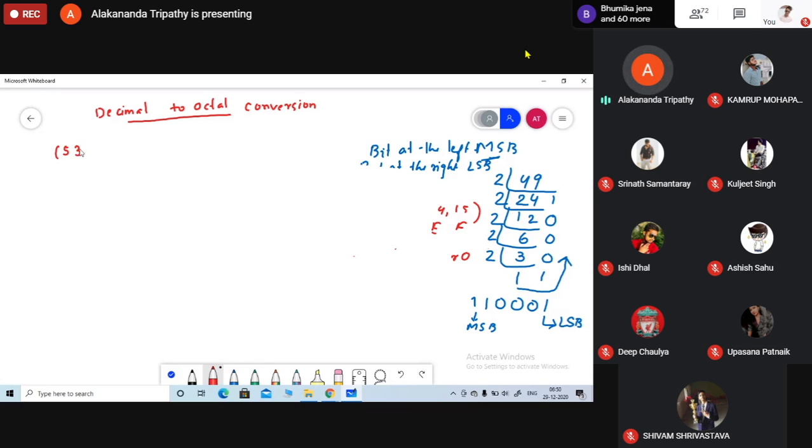If 53 is my decimal number, I need to convert it to octal. Octal means base 8. So what am I going to do? Again the same process repetitively. With whom am I going to divide it, as it is an octal number? 8.